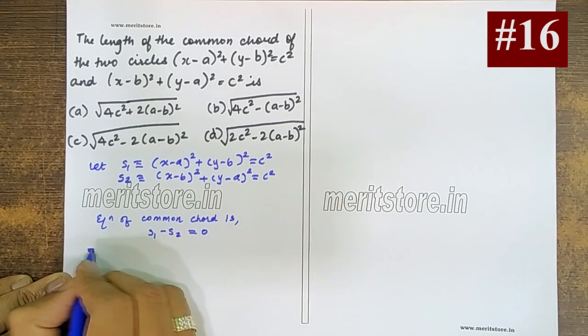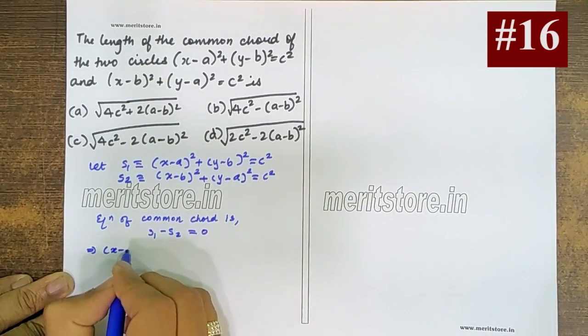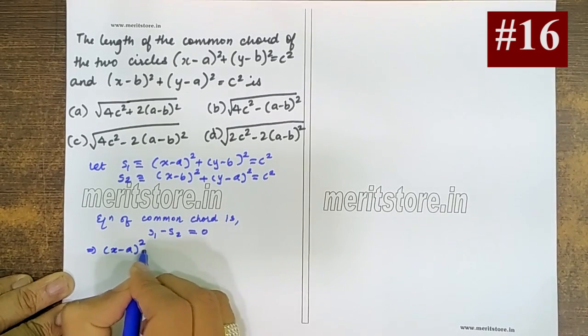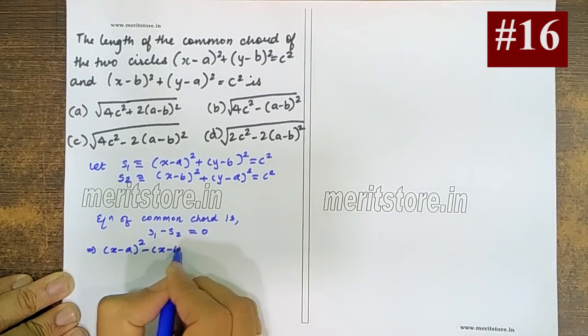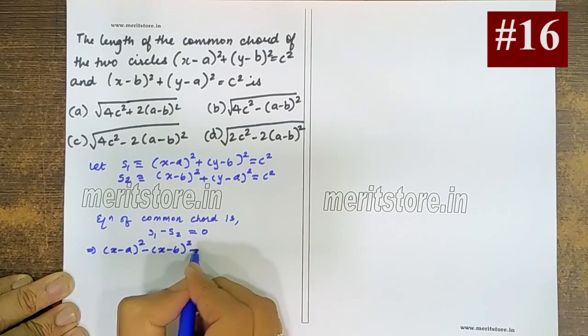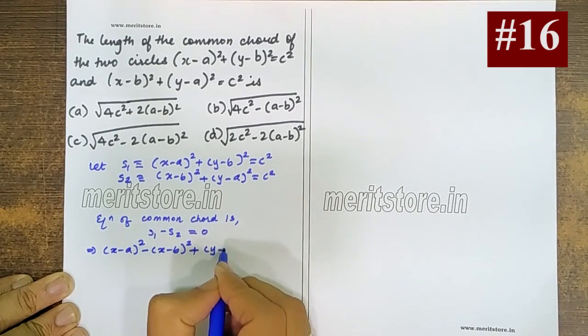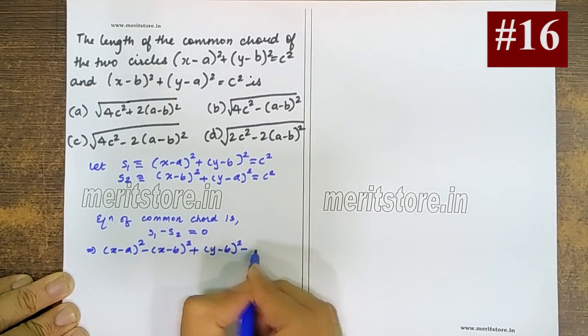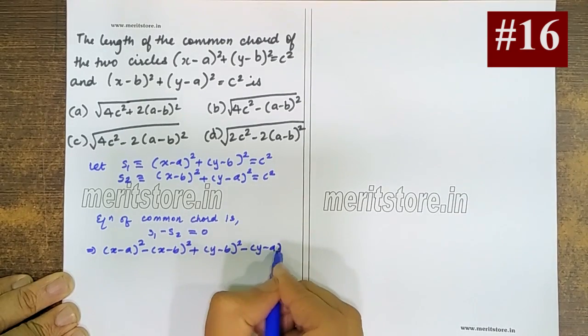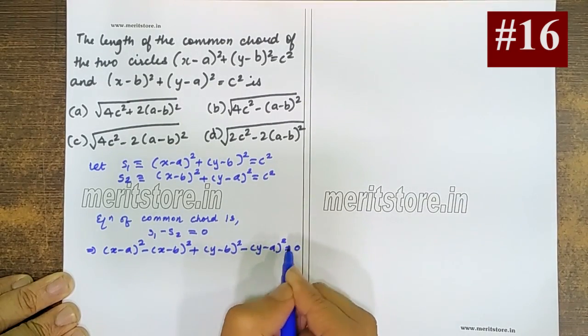So that is (x minus a)^2 minus (x minus b)^2 plus (y minus b)^2 minus (y minus a)^2 is equal to 0.